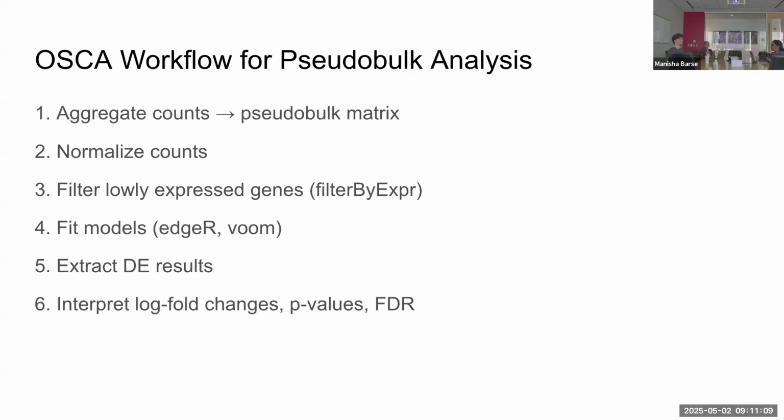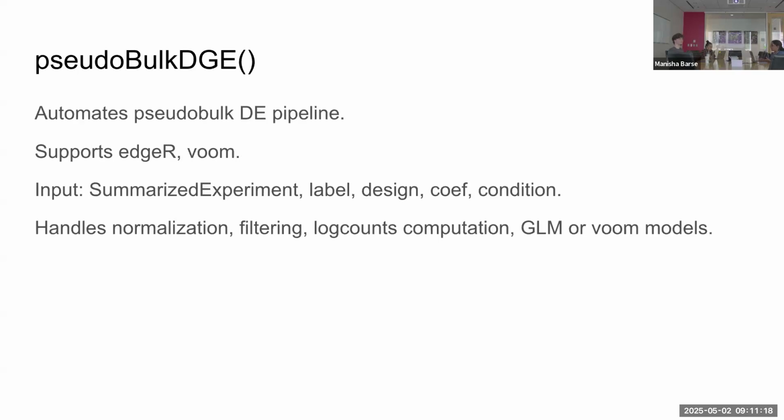pseudobulkDGE. We have this OSCA workflow for pseudobulk analysis, but scran gives us another function called pseudobulkDGE, which actually automates the whole pseudobulk differential expression pipeline. So it is basically a wrapper function which involves all the steps from pseudobulking to normalization, filtering the lowly expressed genes and everything.